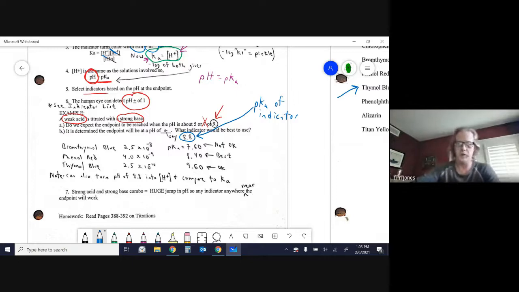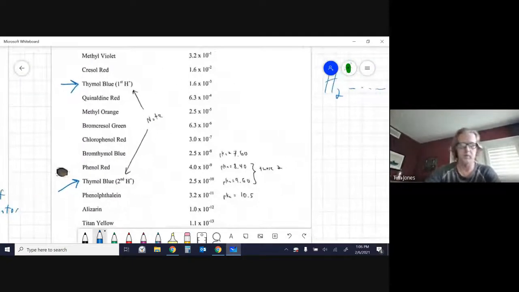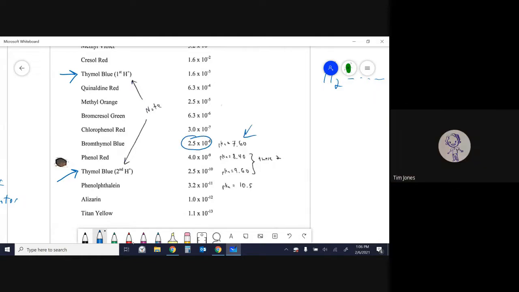Now, if we go to the chart over here, the one that keeps trying to change size on me, these are all Ka values. So it's easiest to turn them into pKa. If I take the negative log of this one, I got 7.6. The next one, 8.4. The next one, 9.6. And the next one, 10.5.